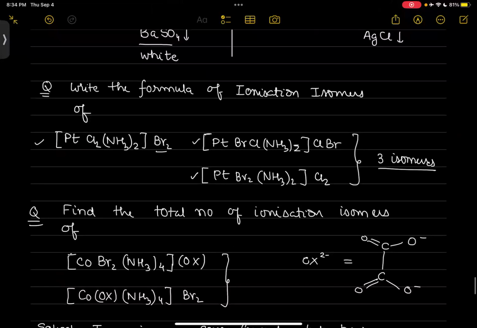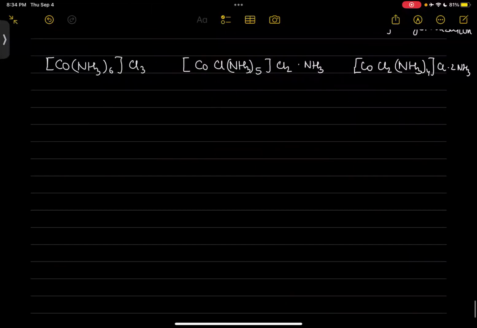Now we are going to move on to linkage isomerism. Jesslyn, Marwa, Aisha, tell me what are linkage isomers?